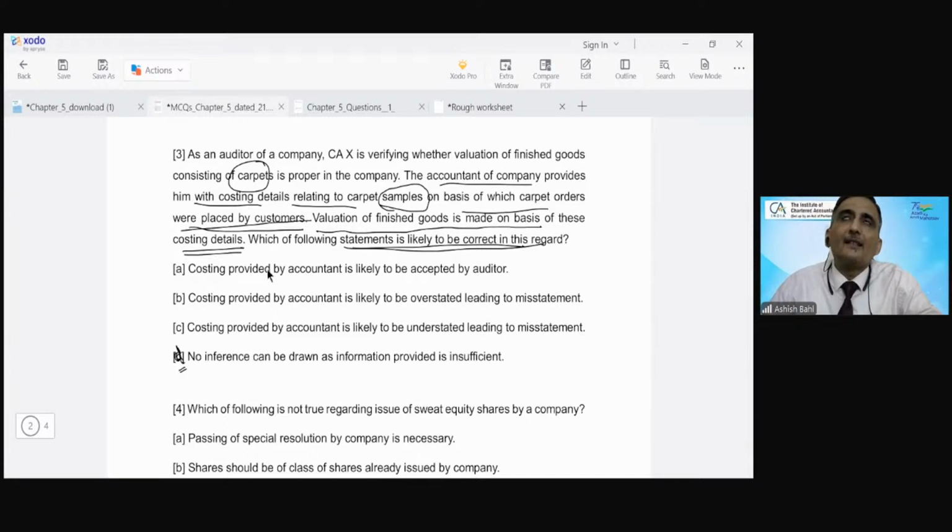So guys, understand this basic concept. When samples are made, tell me one thing.